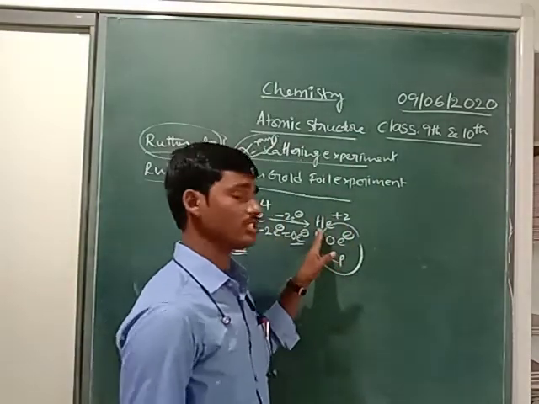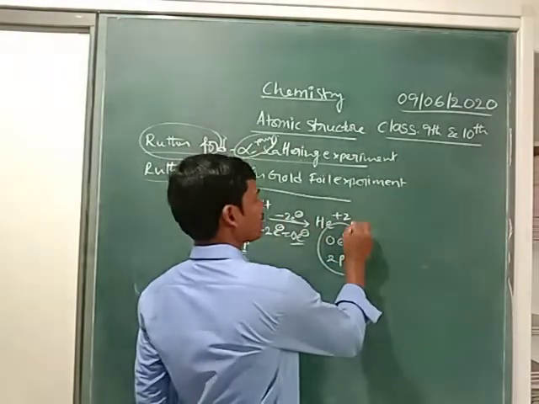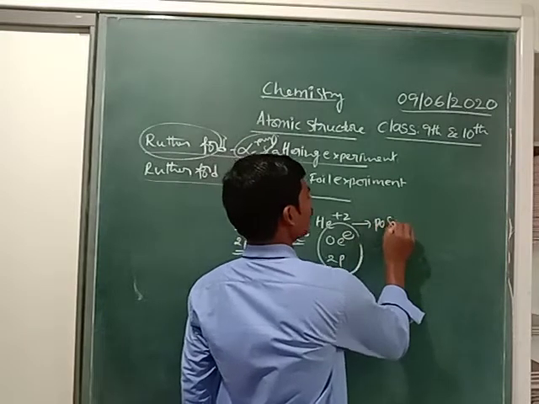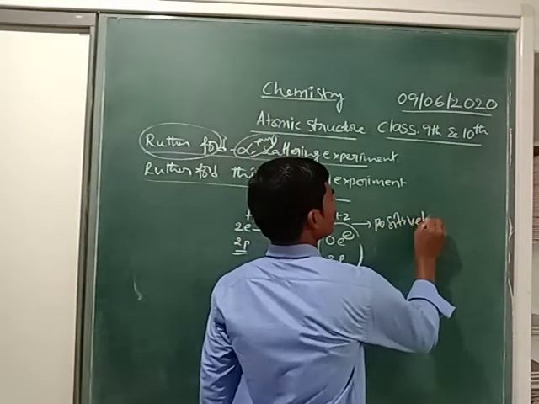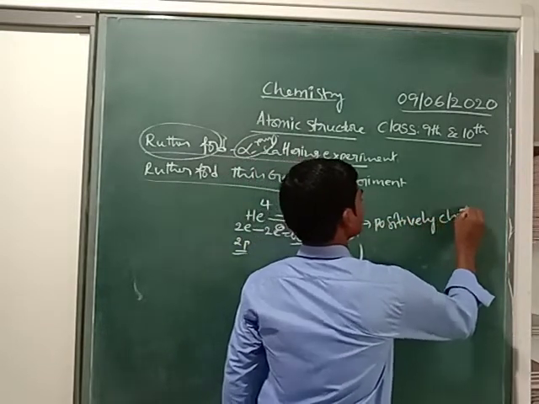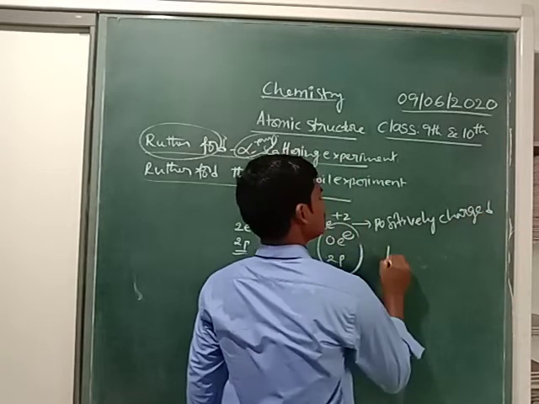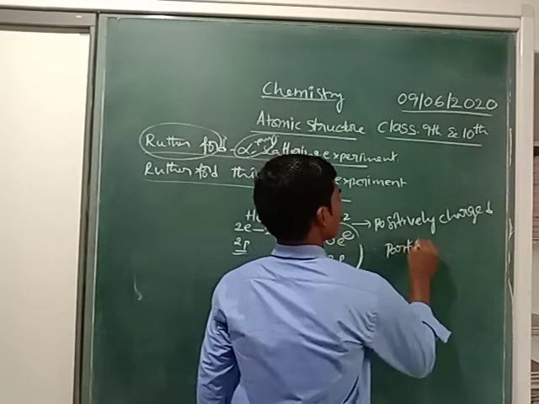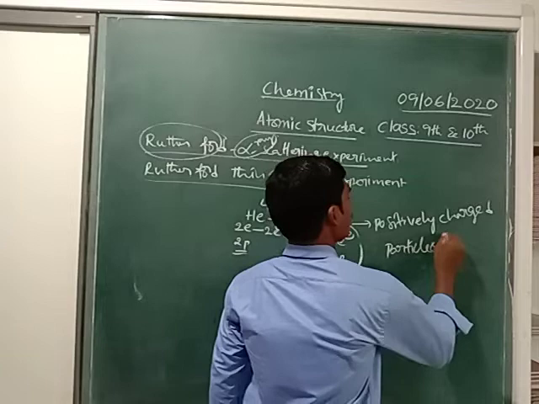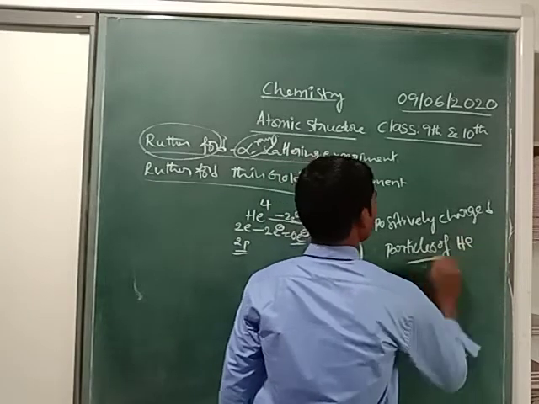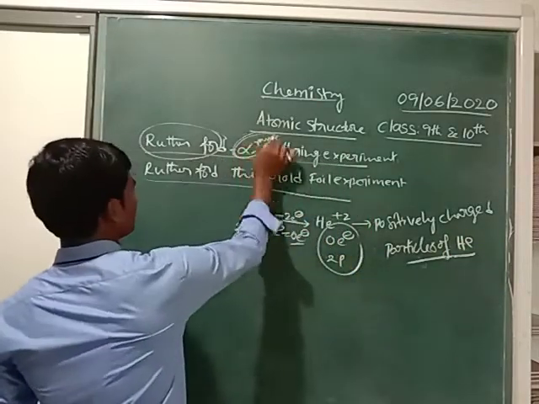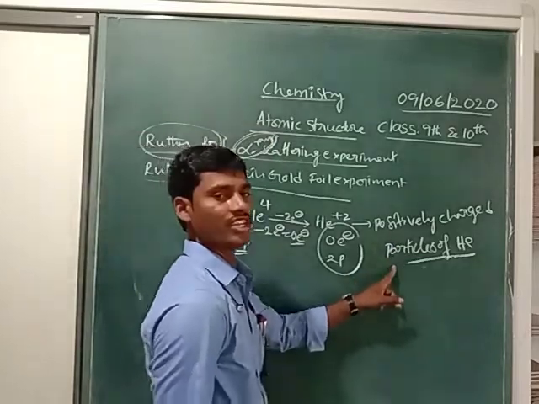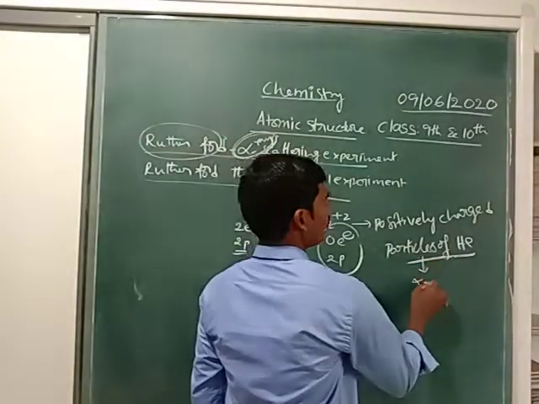Positively charged particles of helium are called alpha rays, children. Positively charged particles of helium we consider as alpha rays.